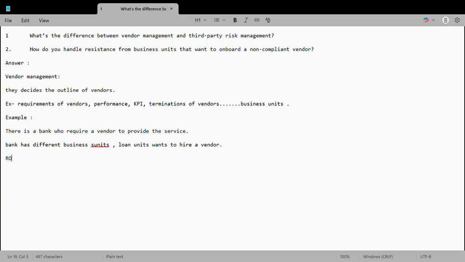So what are the roles and responsibilities of the vendor management team, or this team is also called the business team? Guys, don't go for the accuracy of spelling, please. What is the role?